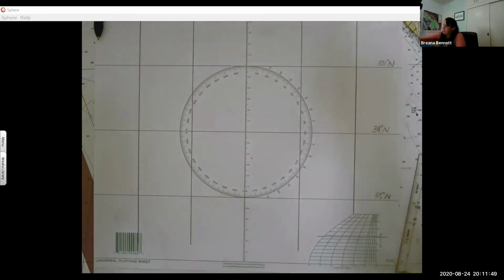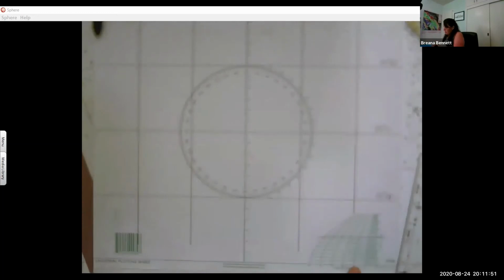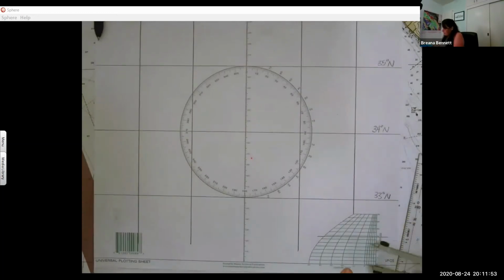Focusing. So I'm going to put my dividers. So that is 0. And this is 2, 4, 6, 8, 10. So I'm going to put it on the 2. And then I'm going to put it on the 10. So that's 12. So I have 12.5. So I might make it a little bit bigger. 12, just a touch, 0.5.